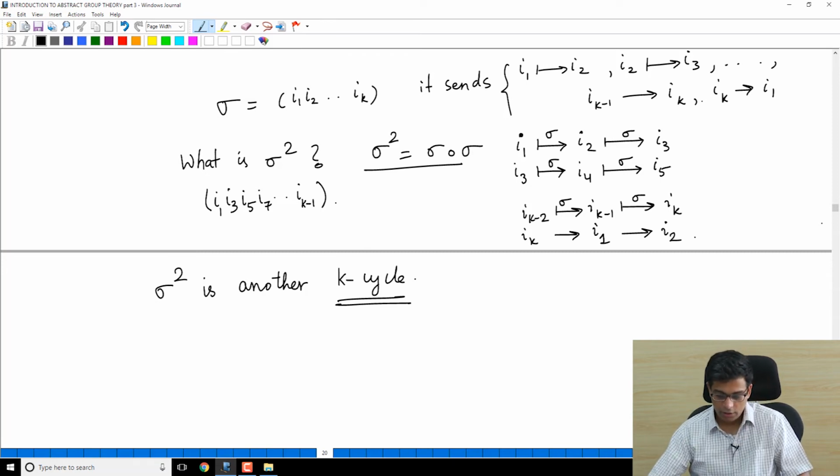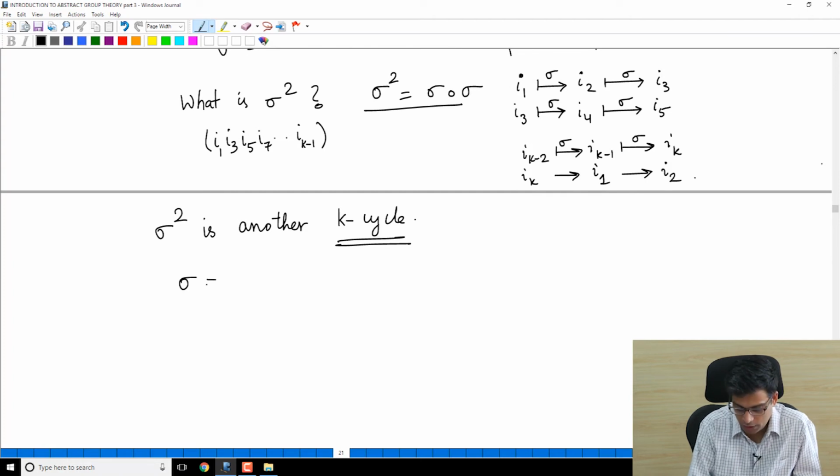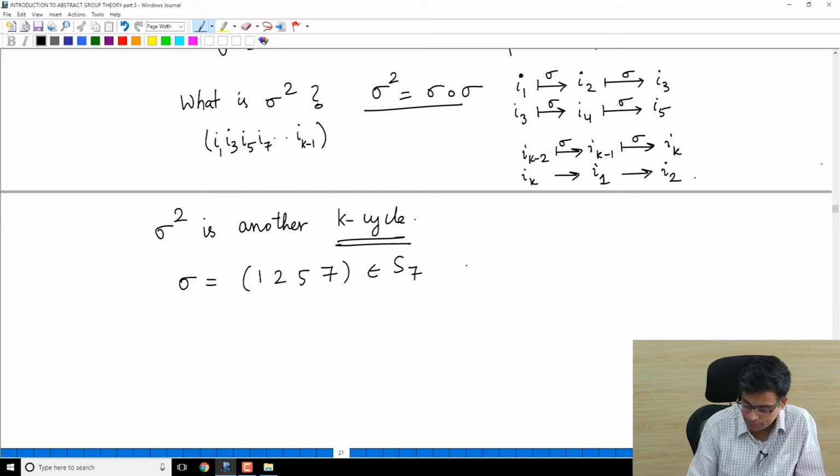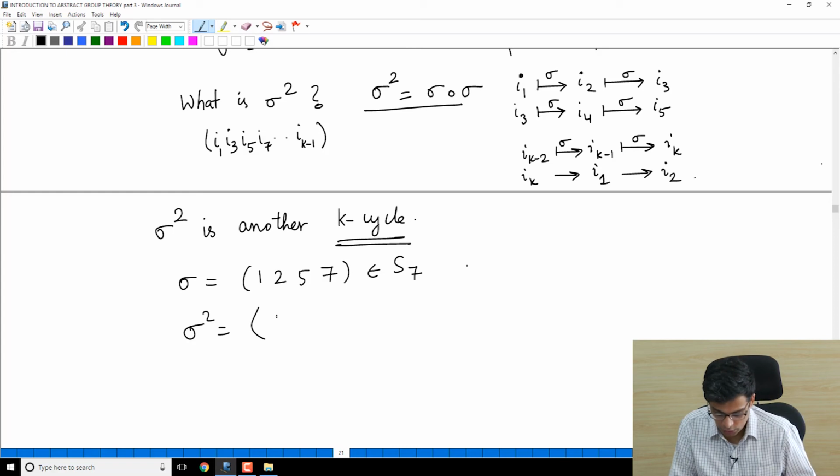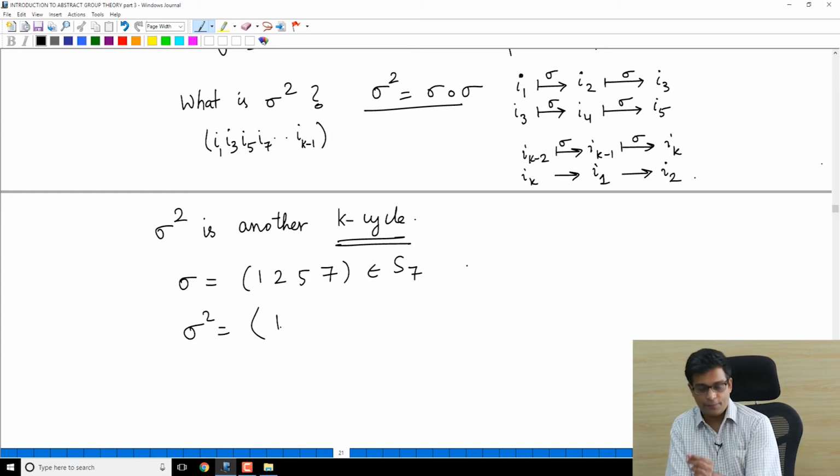For example, if I take sigma to be (1 2 5 7), let's say inside S7, what is sigma squared? I start with 1 and just skip one step. So 1, 2, then 5. So it's 1, 5. 5 goes to 7 under sigma, and 7 goes to 1.